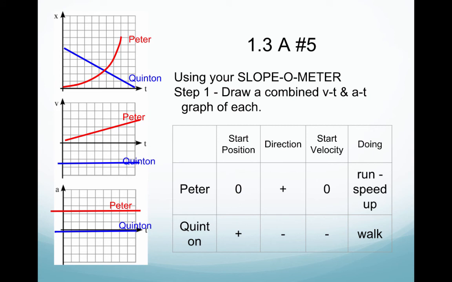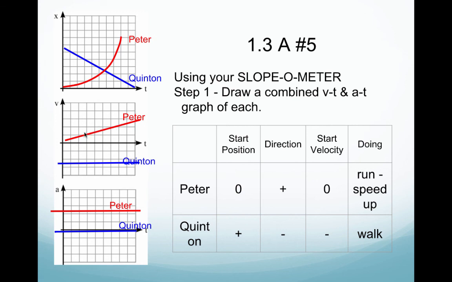Using your handy dandy slopometer, let's tackle one person at a time. So let's look at Peter, the red curve. Peter starts out at 0 velocity and goes to a positive velocity. So we drew 0 to positive for Peter.